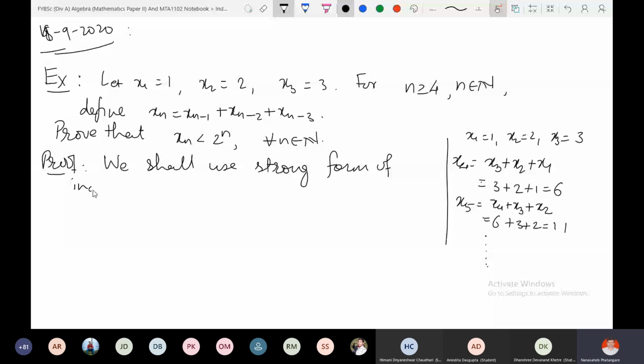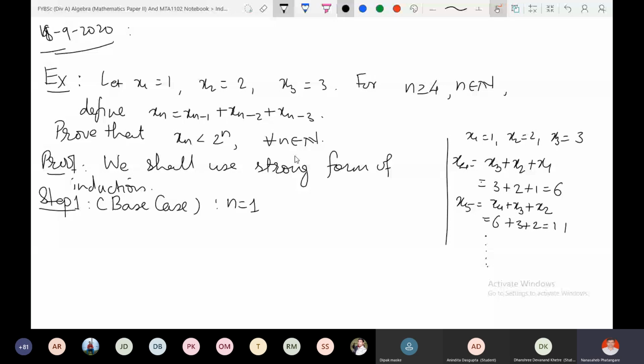So what is the step 1? Base step or base case. Since our aim is to prove for all natural numbers, the base case is n is equal to 1, so we start from 1.